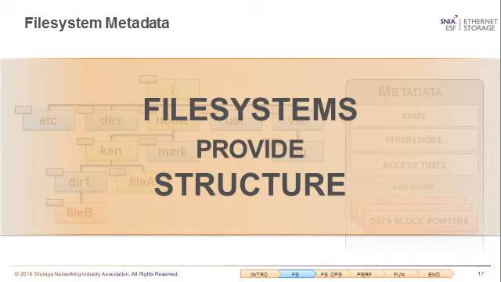The other takeaway is that file systems are providing structure because a file system has data and a set of metadata that tells us about our data, and that metadata isn't necessarily static. Something's going to be creating it, something's going to be modifying it, something's going to be accessing it, just looking at it.